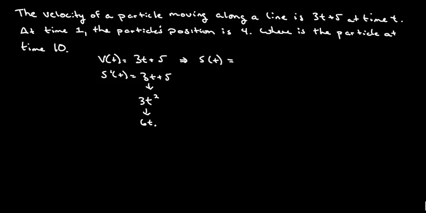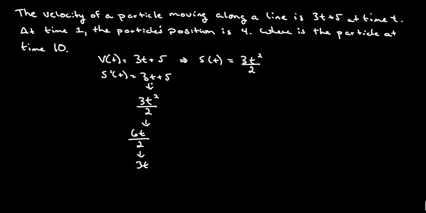But notice that I'm twice as much as I should be, so I'm going to divide by 2. If we differentiate this, we get 2 times 3, which is 6t over 2, which leads to 3t. So position must include 3t squared over 2.